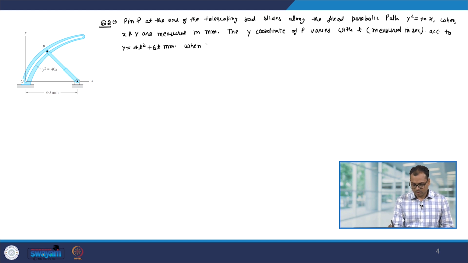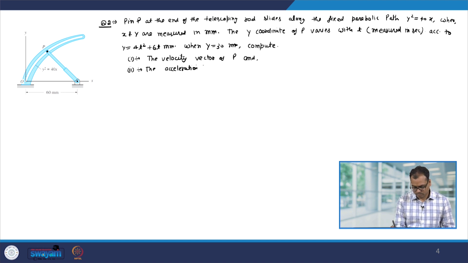When y is equal to 30 mm, compute number 1, the velocity vector of P and number 2, the acceleration vector of P.